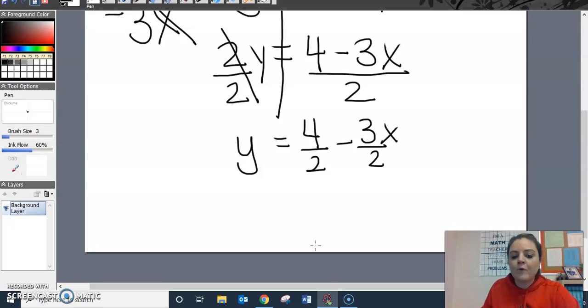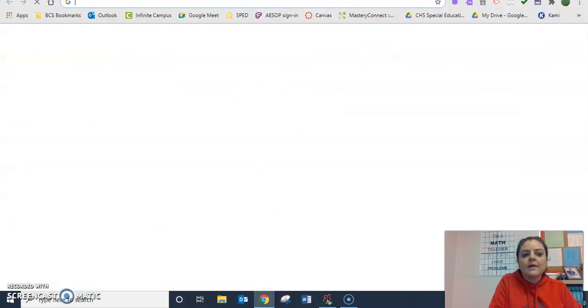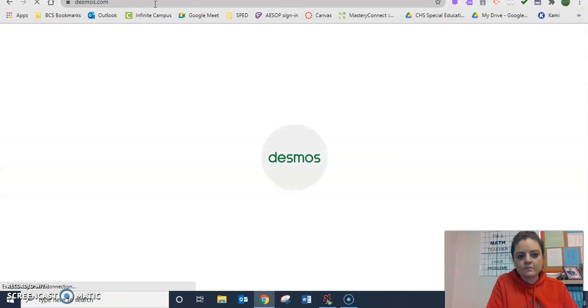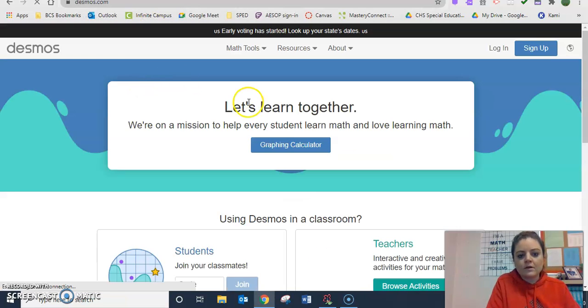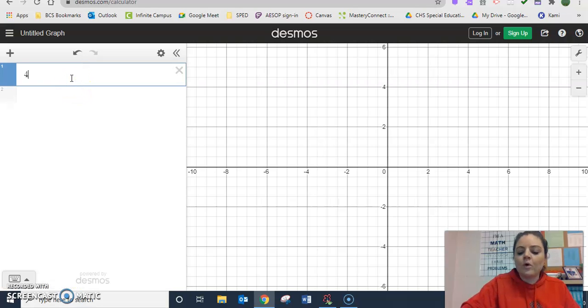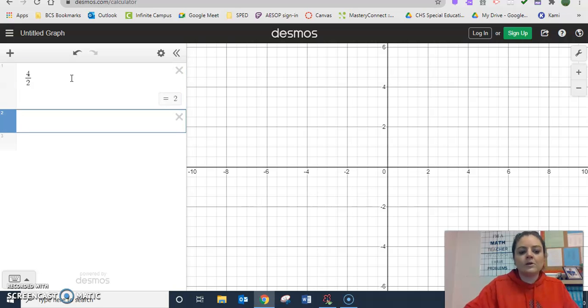So what is 4 divided by 2? If we need to, we go to Desmos, which I'm just going to go ahead and do because you should always get in the habit of doing this. Four divided by 2 equals 2.